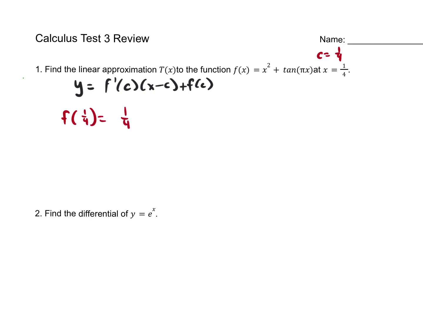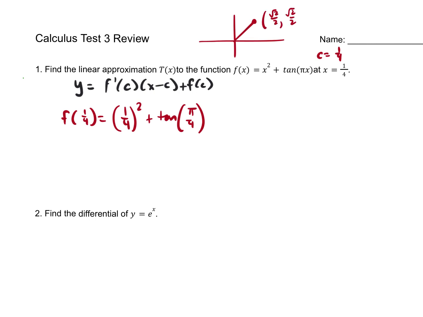Well, that's going to be 1/4 squared plus tangent of pi times 1/4, which is pi over 4. So obviously I need my unit circle to know what that value is. Pi over 4 is a pretty easy one: square root of 2 over 2, square root of 2 over 2. And for the tangent, recall tangent on the unit circle is y over x.